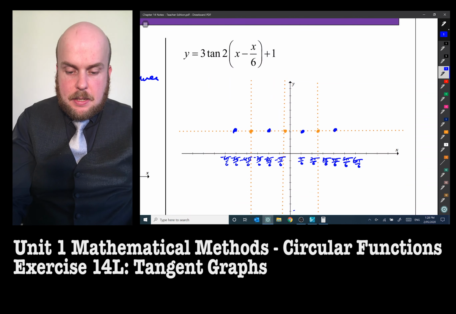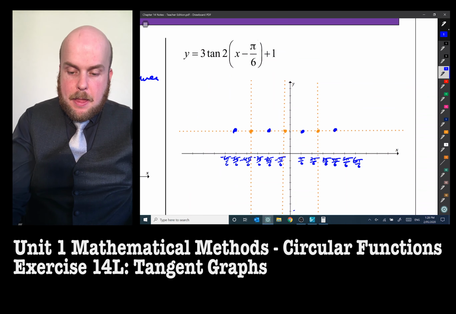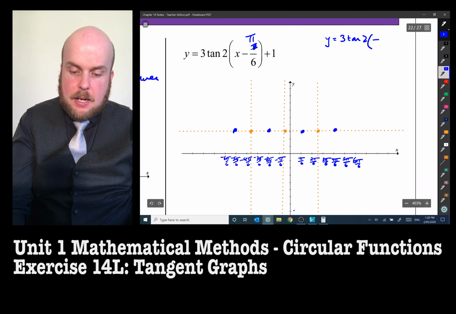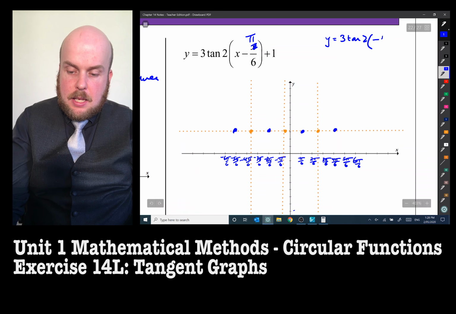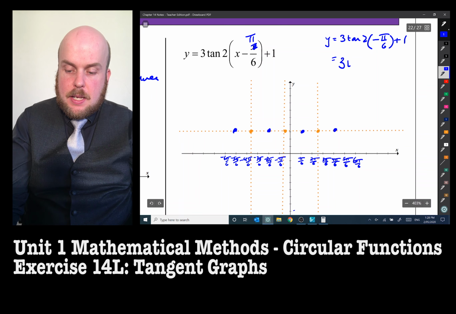So the y-intercept here would be at y equals 3 tan of negative pi on 6, plus 1. So that's 3 tan negative pi on 3 plus 1.